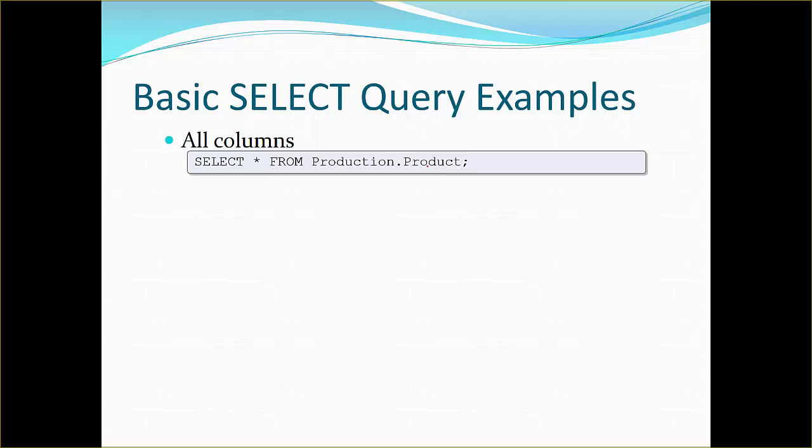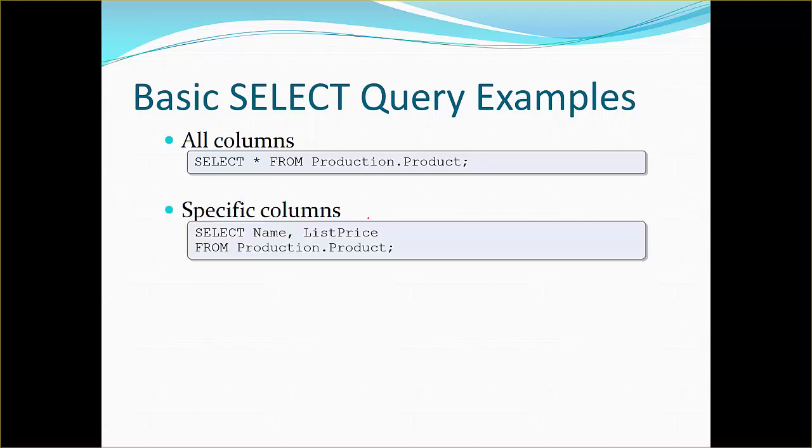So if we issued this command in the query window and we hit execute, this will retrieve all the columns from the product table that is in the production schema. So what we are telling the database engine to do is get me all the columns from the product table that is in the production schema.